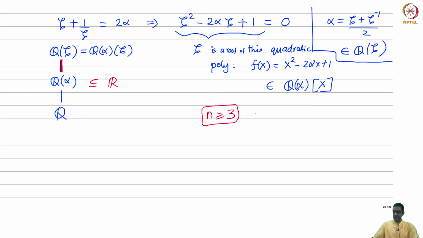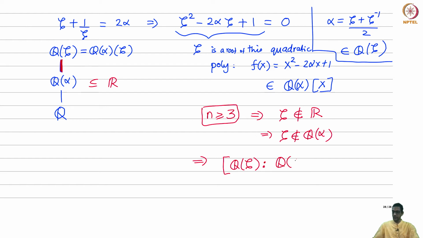Since n is at least 3, this element zeta is definitely not a real number, which implies zeta can't be an element of Q(alpha). So what we have just said implies that Q(zeta) over Q(alpha) has degree exactly 2.